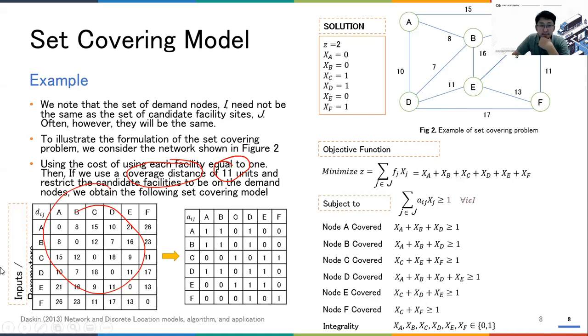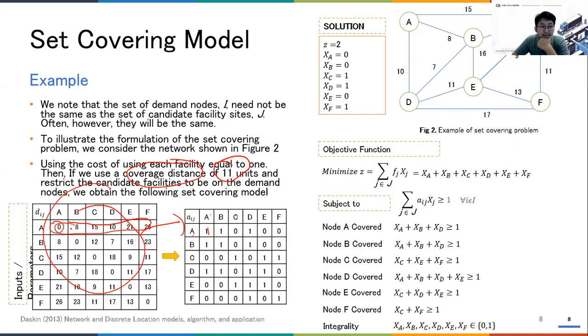From the distance matrix that you have here, you need to see which one is greater than 11 and which one is less than 11. If it is greater than 11, you put 0. If it is less than 11, you put 1. So A to A is 1 because the distance is 0.